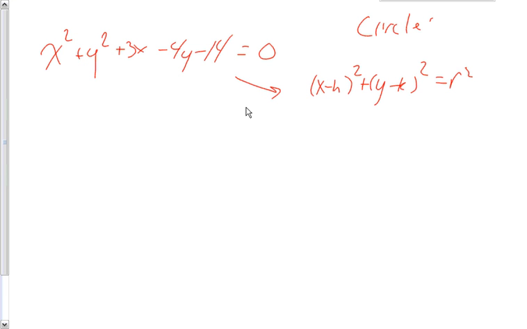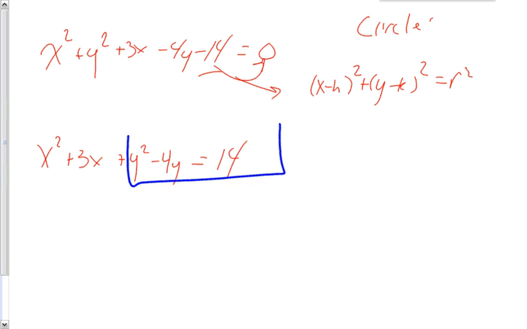All you have to do is group all the x's together and all the y's together. Get all the constants over there to the other side, and then treat it like completing the square. We're only going to complete the square if I just had that piece right there. That's all I have to look at.